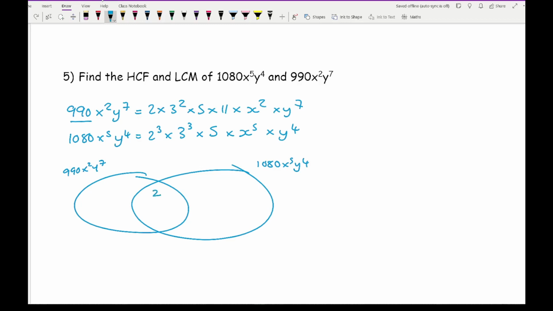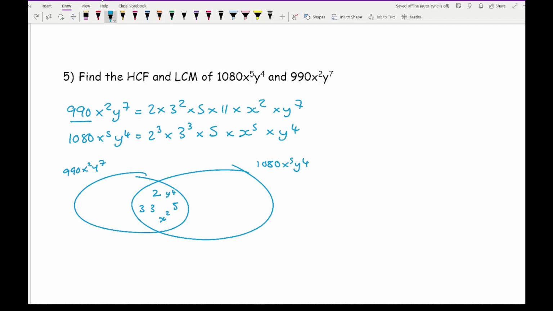With the 3's, the smallest power is 3 squared. I'm going to write 3 times 3 just because it's easier. I've got a 5 in both. Then taking the smallest power of x, that's going to be x squared. And taking the smallest power of y, I've got y to the power of 4. And as you can see, it's going to get quite congested.